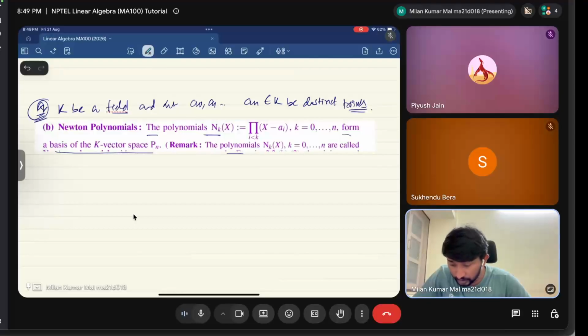Was there any more part of the question? Let me check. Just a minute. These are called Newton polynomials. All these polynomials are used for computational purposes, so that's why they are relevant.